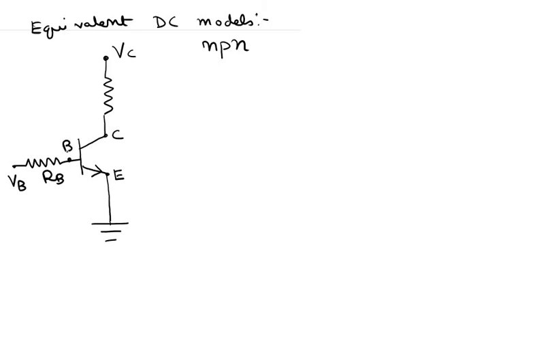So a transistor has three terminals. One is the base, one is the collector, and another is the emitter. So three terminals of a transistor. So we know that from the base to the emitter, the base current is basically flowing. Okay, and we know that the base to emitter junction is basically a diode.